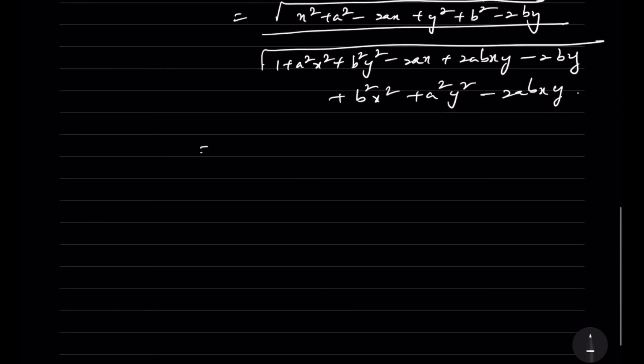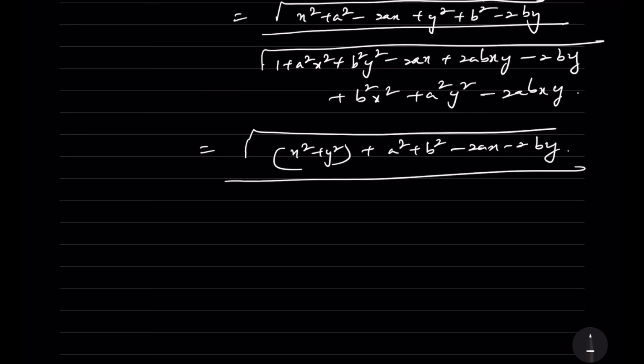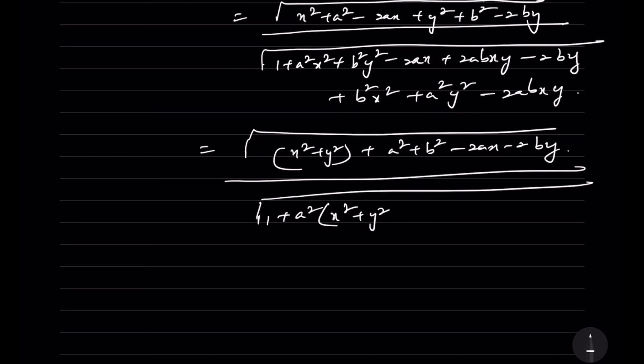So now this is equal to under root of x square plus y square plus a square plus b square minus 2ax minus 2by divided by under root of 1 plus a square into, taking a square common, x square plus y square plus b square into y square plus x square minus 2ax minus 2by.